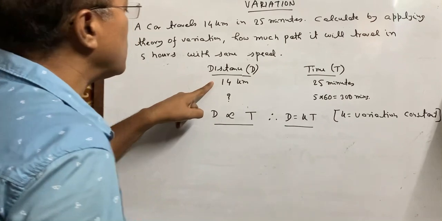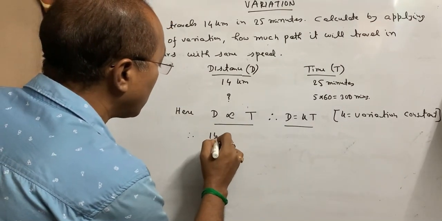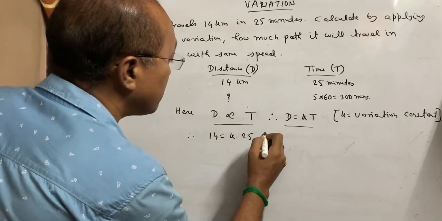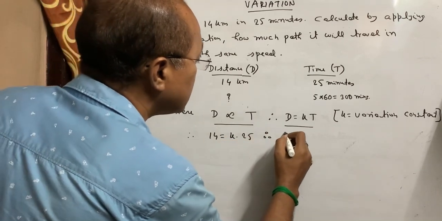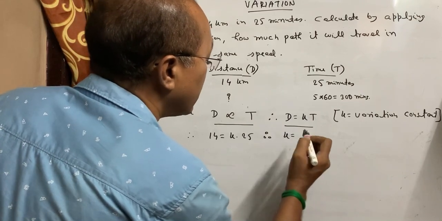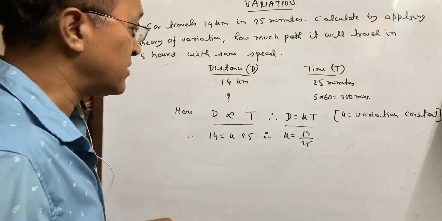After putting these values, where d is 14, therefore 14 is equal to k into 25, that is k is equal to 14 by 25. We have found the value of the variation constant.